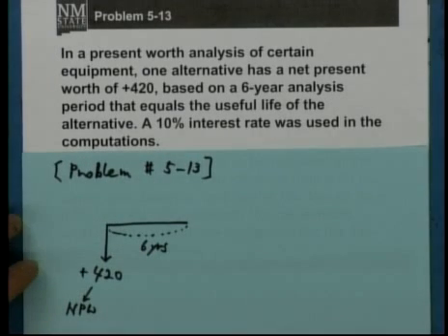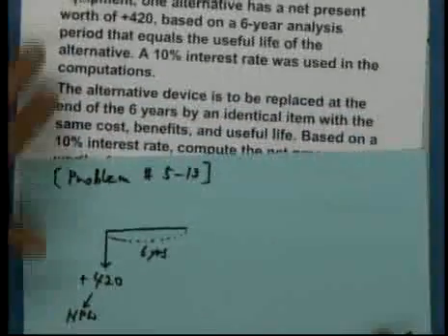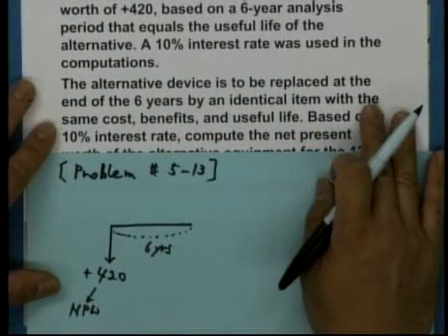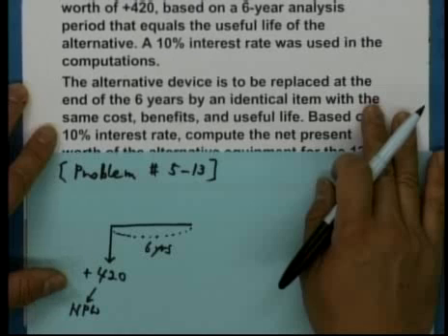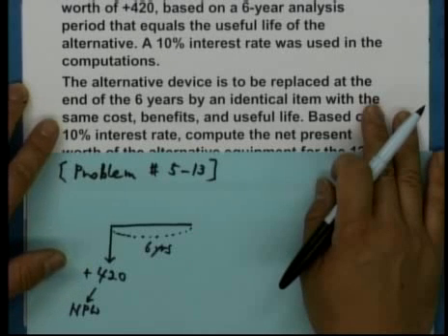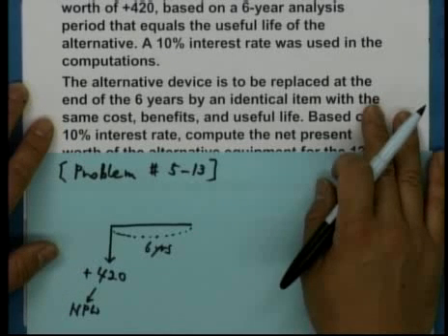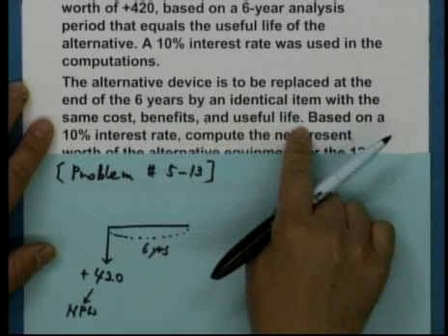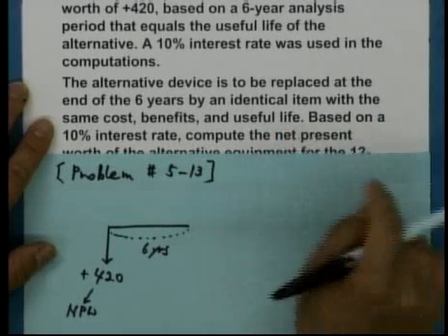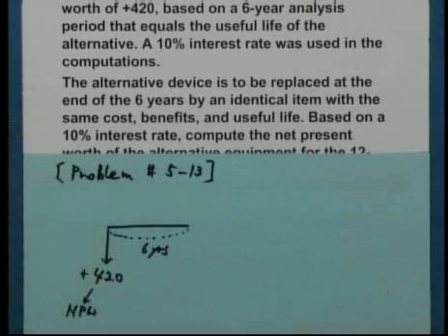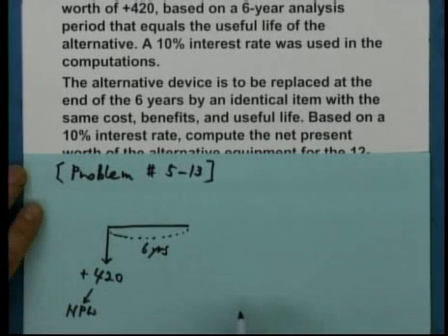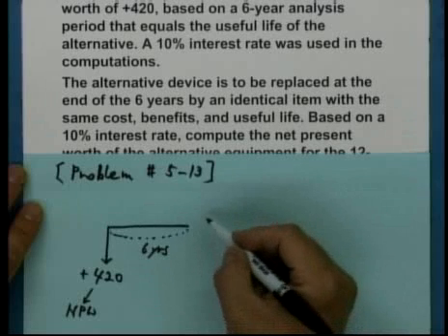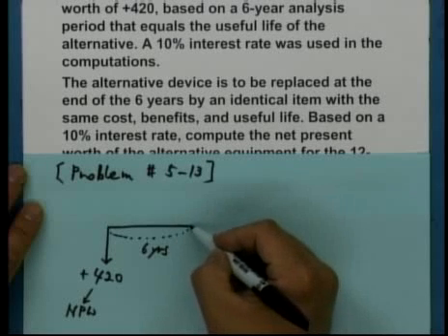And the alternative device here is to be replaced at the end of 6 years by an identical item with the same cost, benefits, useful life. So the replacement equipment will have the same net present worth of $420.